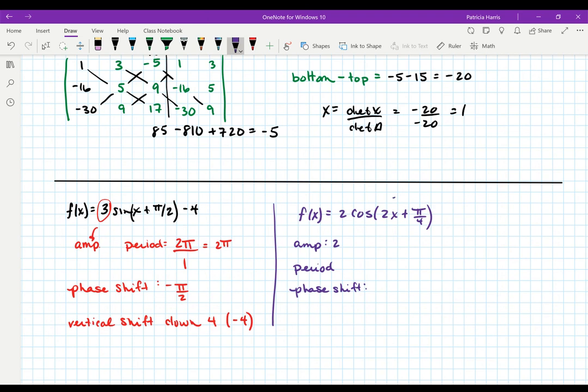How I like to do it is I like to factor out this 2, so it looks like this. Just divide everything in that parentheses by 2. So your period is 2 pi divided by 2, which is pi. This is your b value. And then your phase shift would be negative pi over 8.